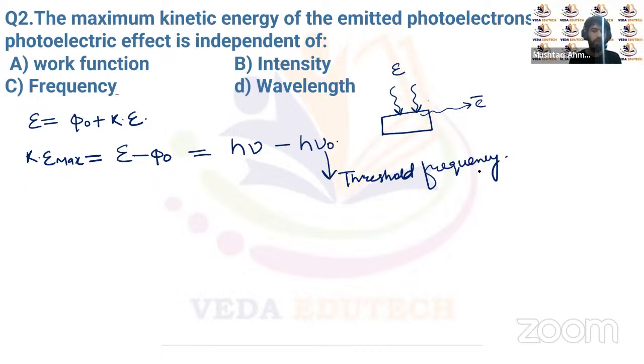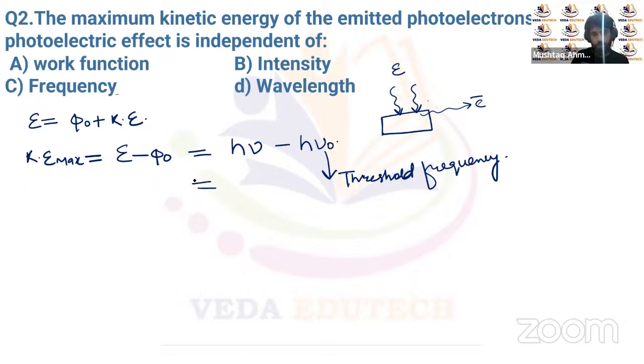So to have a photoelectric effect, the light must have at least a frequency equal to the threshold frequency, so that the photoelectric effect can be actually visualized, right? Or we can say the photoelectric effect can take place, right? So the wavelength associated with the photon having the threshold frequency, we call that wavelength the threshold wavelength, right?